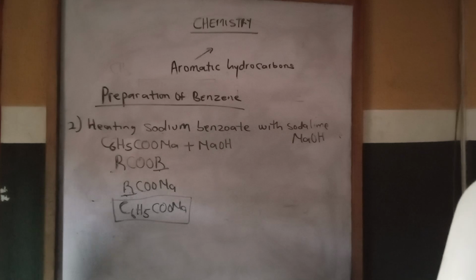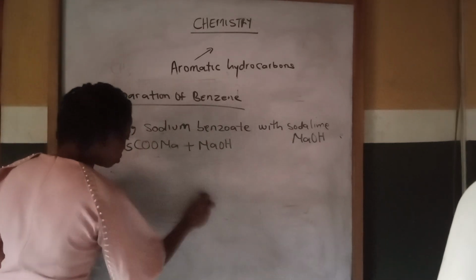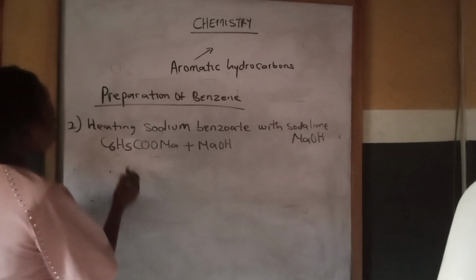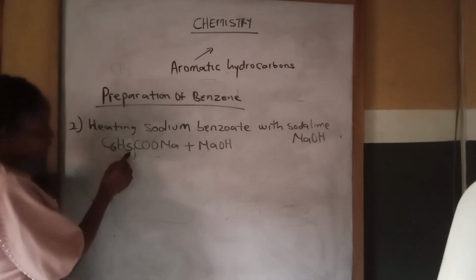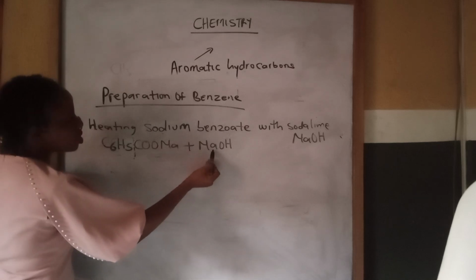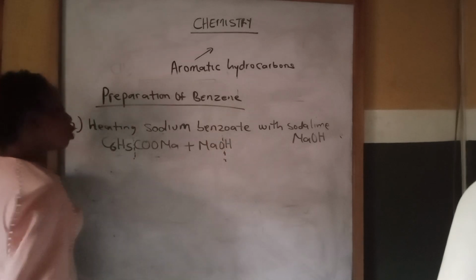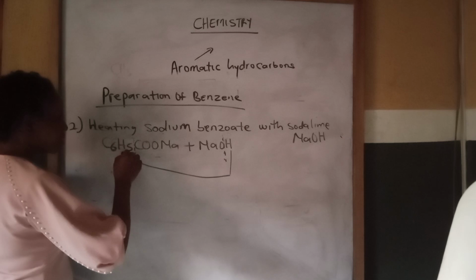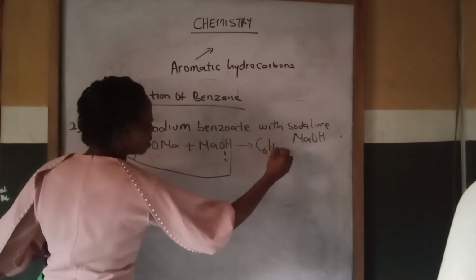So let's see how we are going to form our products. Now, the sodium benzoate will decompose to C6H5, then COONa. Then reaction between soda lime and sodium benzoate will release hydrogen. So the hydrogen here will combine with C6H5 to give us C6H6.